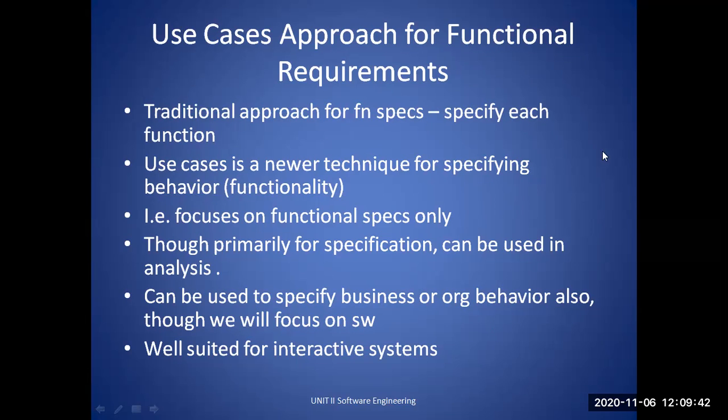What exactly is the aim, the purpose of use cases? Use cases will define the behavior of the system. They will describe how the system will work by using some kind of scenarios, some kind of situations.